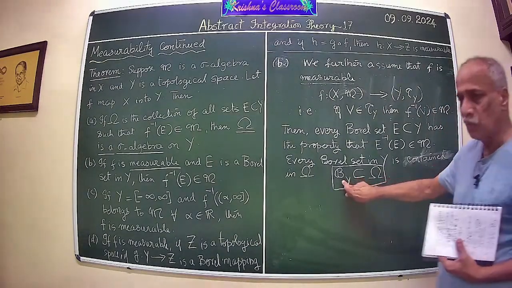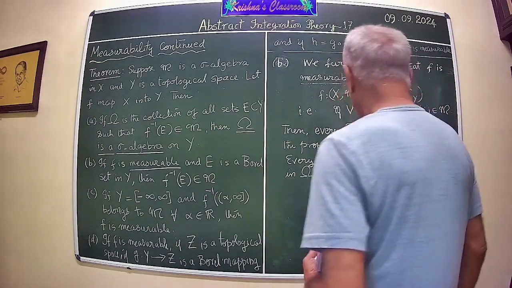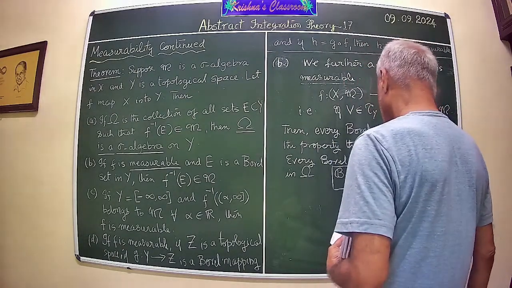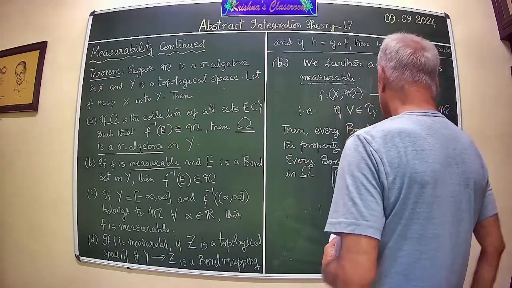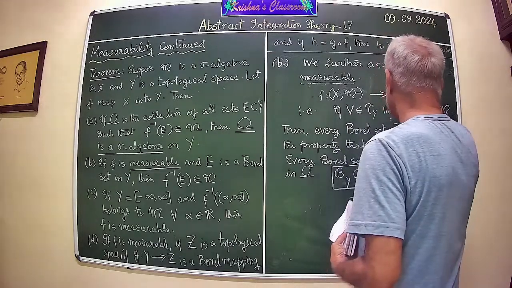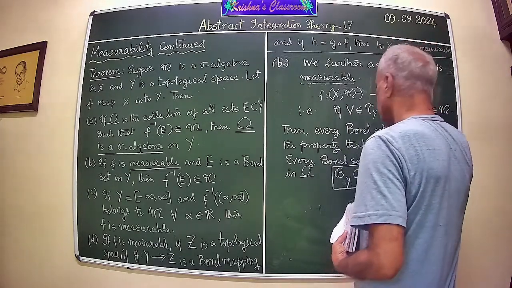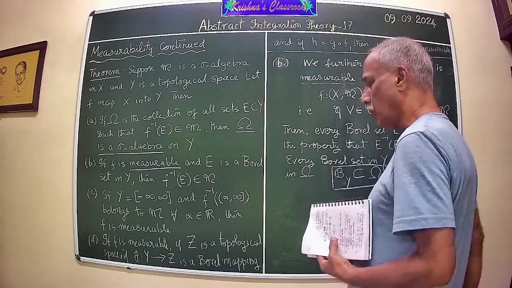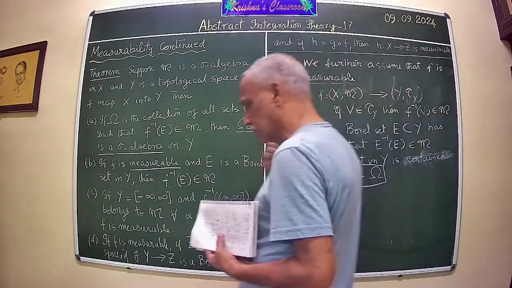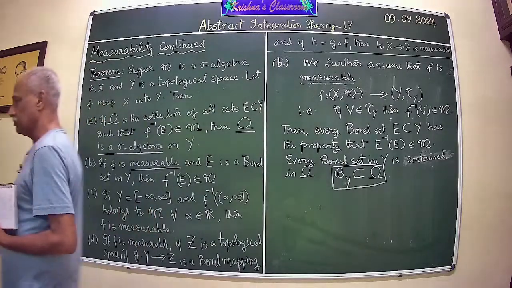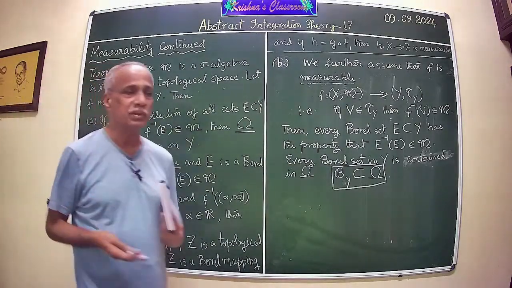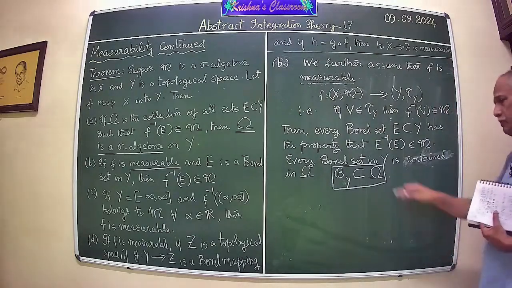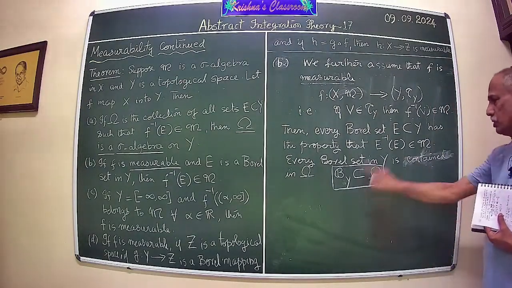Borel sets in Y are what? You take elements of tau Y and then form what is called a complementation as well as countable unions, and then you generate a set of this kind, and this is what is called the Borel set.